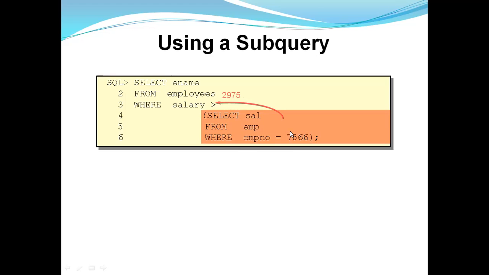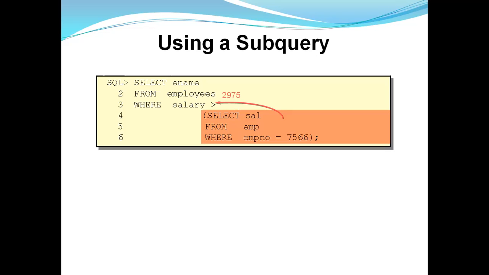So once this is executed, इस query का काम खत्म. And now the main query has become like a simple query: select employee name from employees where salary greater than 2975. And this 2975 will be compared with all available rows in the main query.